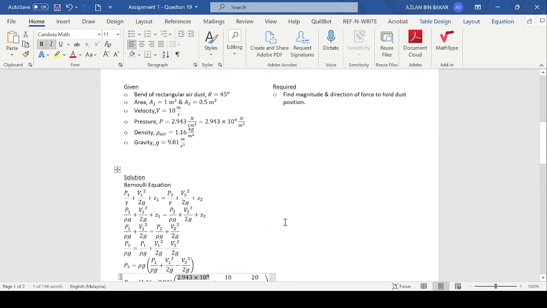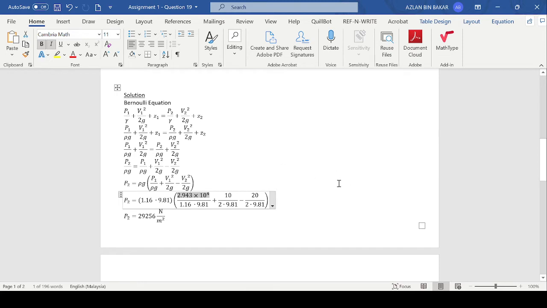The question gives the pressure in Newton per centimeter square, but we must change it into Newton per meter square. So we will get 2.943 times 10 to the power of 4. Same goes with density, we get 1.16 times 9.81.